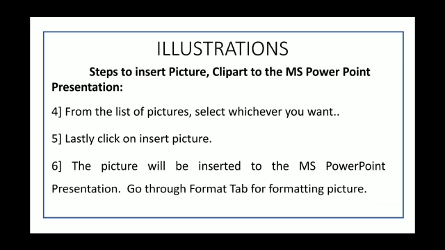Okay, that picture will be inserted to your PowerPoint presentation. If you want to format the picture, then go through Format tab for formatting picture. Okay, this is the method. Just click on insert picture and that picture will be inserted to your presentation.